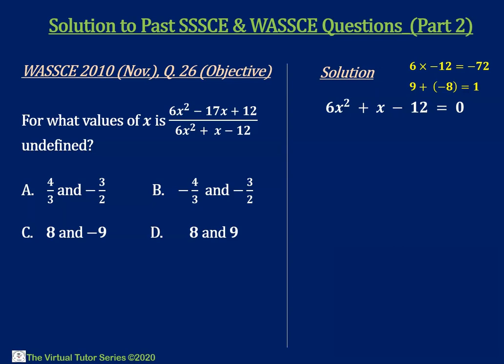Therefore, the factors of the quadratic expression are into bracket 3x minus 4 times into bracket 2x plus 3 is equal to 0.